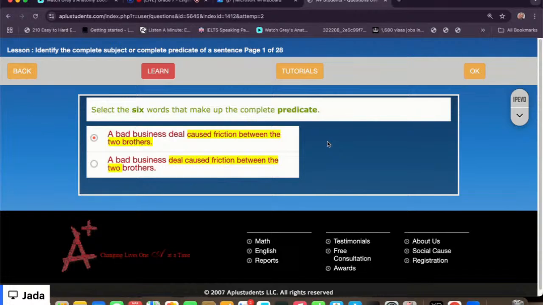All right, so this question says to select the six words that make up the complete predicate. Now, a bad business deal caused friction between the two brothers. So, which of these is the right complete predicate here?